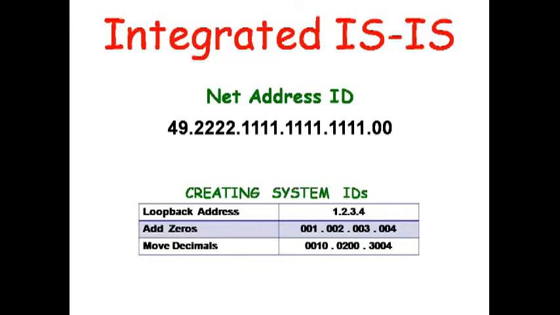For example, if the router is in area 2222 and is given the system ID of all ones, the net ID would be 49.2222.1111.1111.1111.00. The beginning number of 49 refers to the private address space, and the double zeros at the end refer to the router.